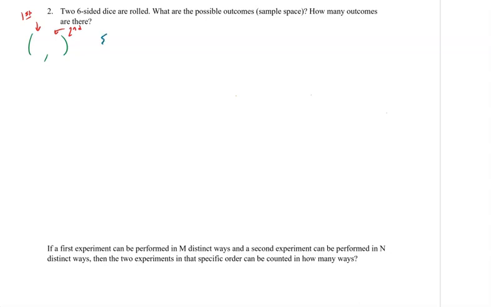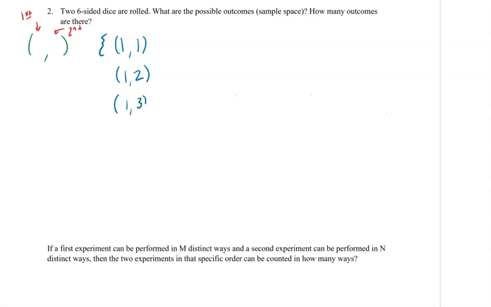Alright, so I'm going to go ahead and put my curly brackets, and let's start listing all of these out. So we could get a 1 on the first die, and a 1 on the second die. Or we could get a 1 on the first die and a 2 on the second die. I'm going to be going downwards for now. You'll see why in a bit.